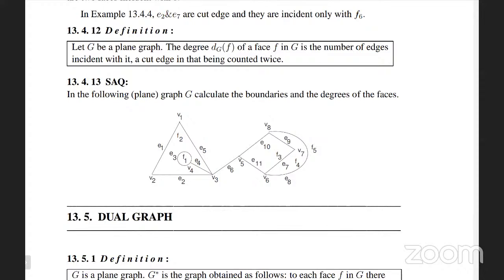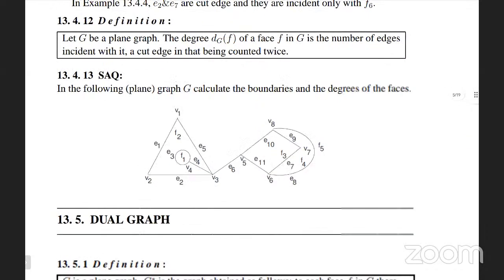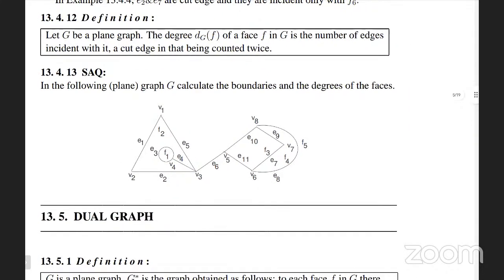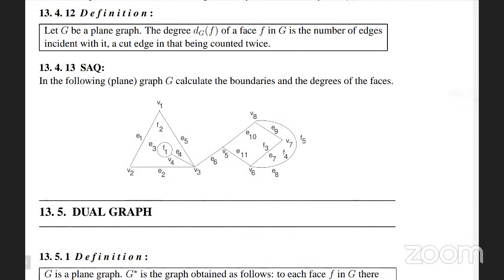Now the graph G is connected, and the boundaries of the faces and degrees of the faces are to be identified. So how am I identifying? This is the graph. Here V1, V2, V3 is a triangle, and V5, V6, V7, V8 is a rectangle, and another loop is connected from the V6 side to V8.